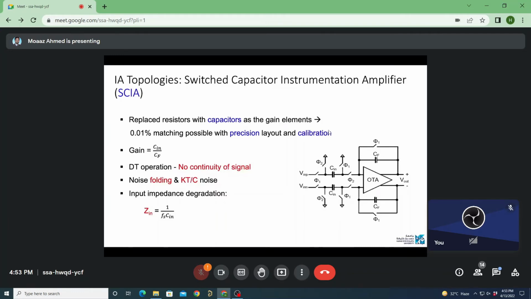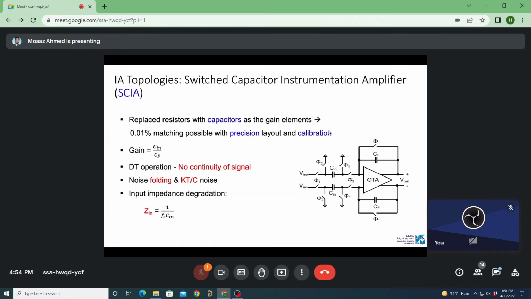Can you turn on your mic? So the circuit shown here, is that the gain element or the integrator? Sir, that is the integrator. We have a switched capacitor as a resistor, and we have a capacitor there. But here we can see that during clock phase 1, the input and output are shorted. So that is the resetting phase. That's why it changed to a gain element. Okay, okay.